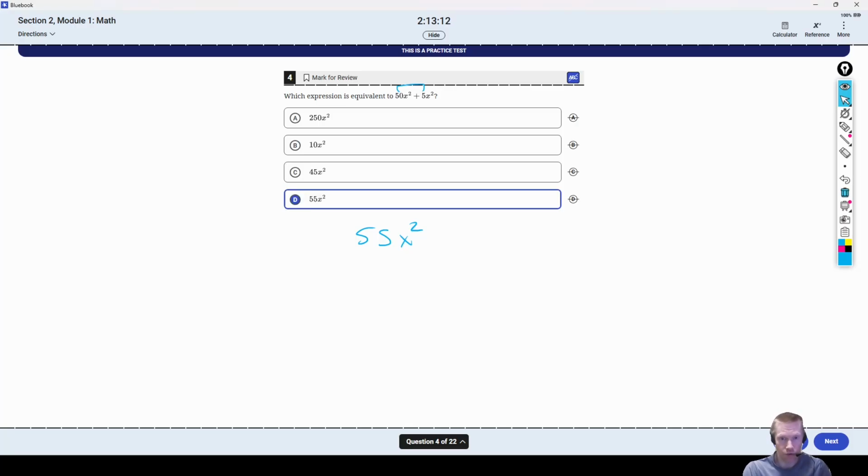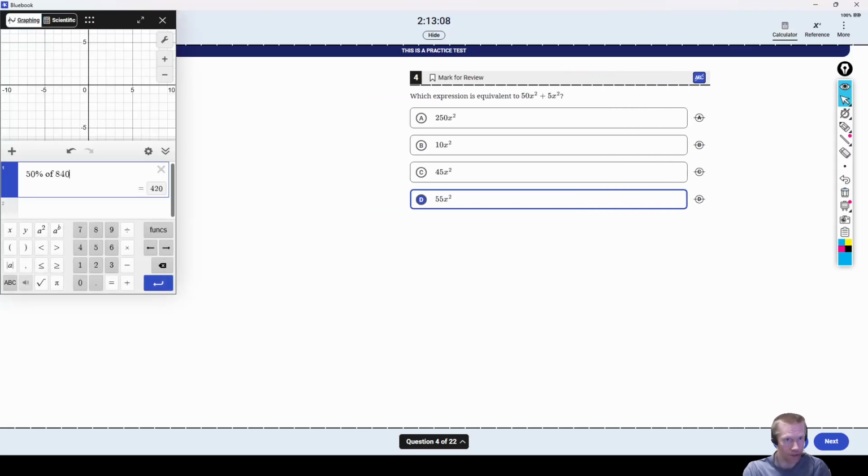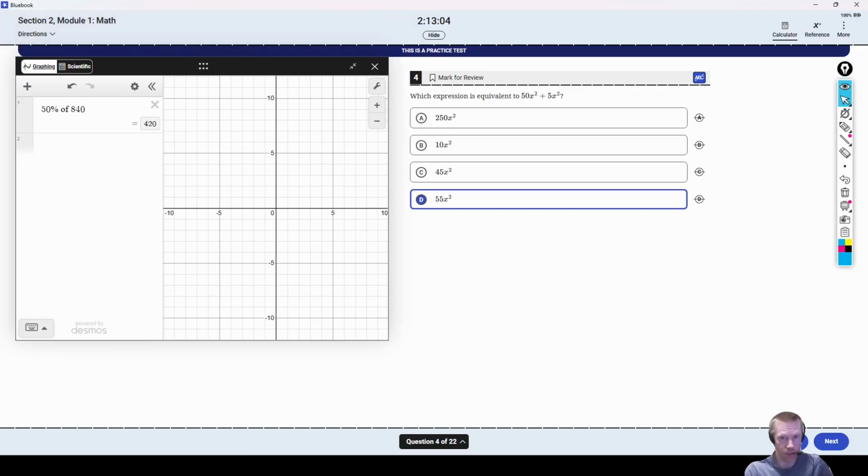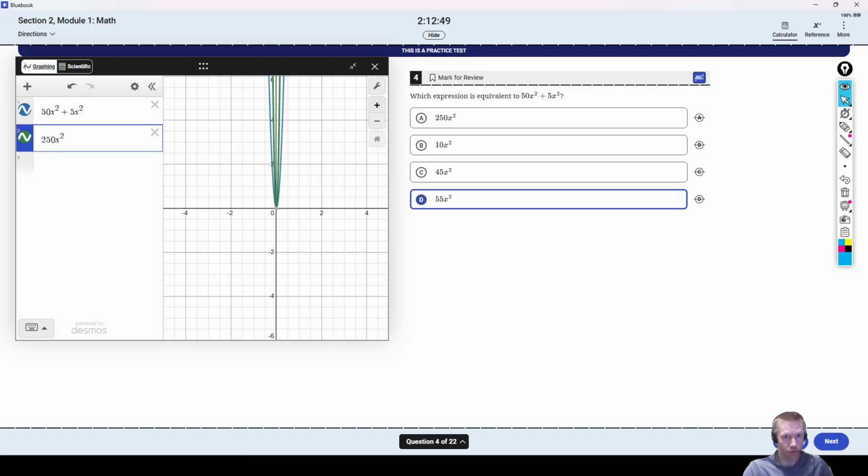However, I will show you that you can also do this in Desmos, and it's probably not really useful for this particular problem, but the general concept of matching equivalent expressions is something you will use a lot. So here is the first expression. Now you would go through the answer choices, and you would see which one of these overlaps it completely.